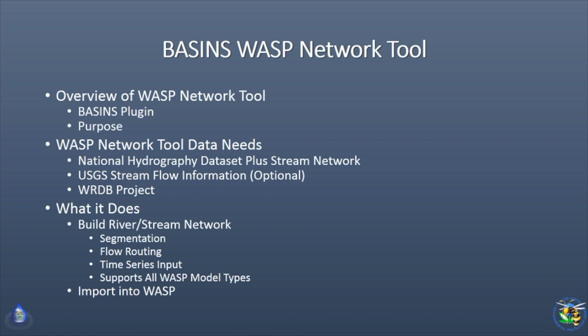It's not exactly perfect, as you'll see, but you have ways to manipulate and smooth your network out. It'll take care of generating all of the flow paths, so where water comes into the WASP network and then where it goes from there. It works for all WASP model types, and then we'll import it directly into the WASP model.